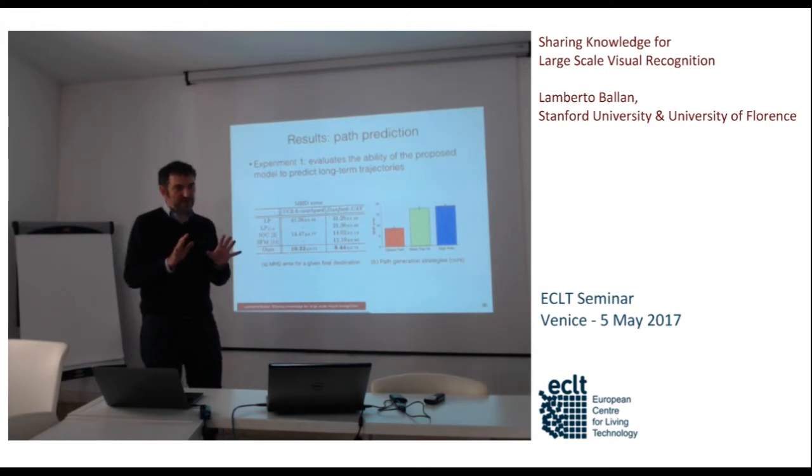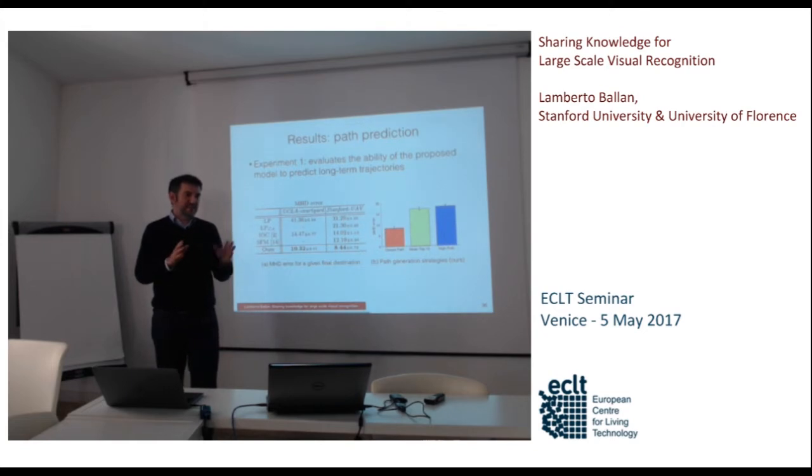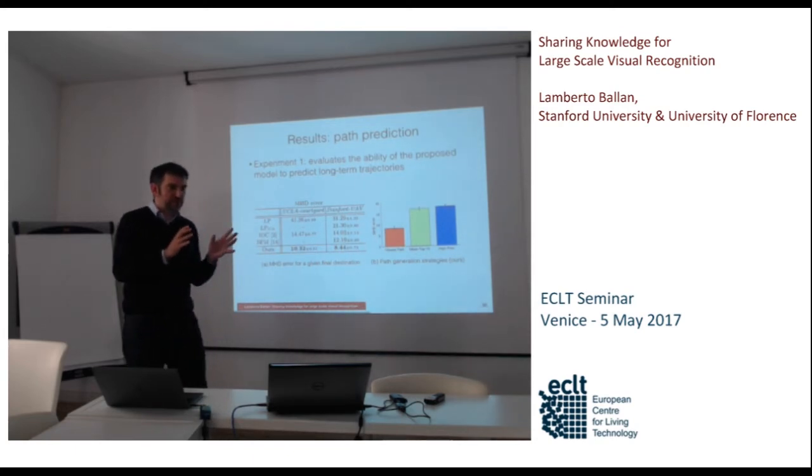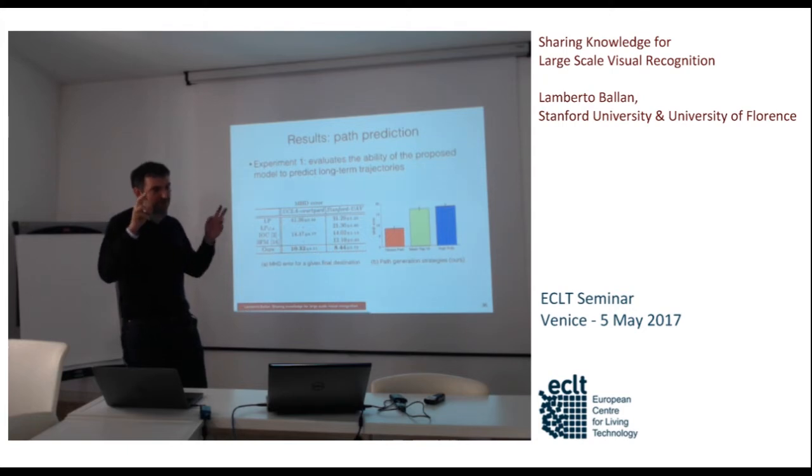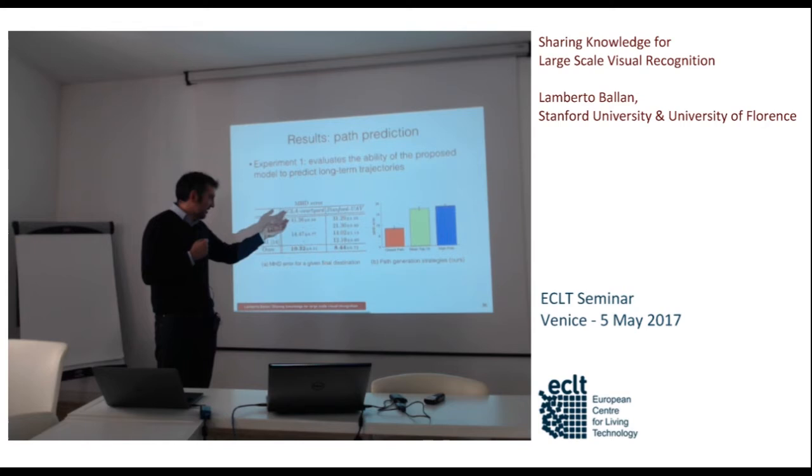The previous work in this area usually falls into two clusters. One is human-space interaction, so activity forecasting, this work, and usually what you are trying to do is a mid-long-term prediction. In our case, we only looked at the interaction between the agent, the pedestrian for example, and the scene.